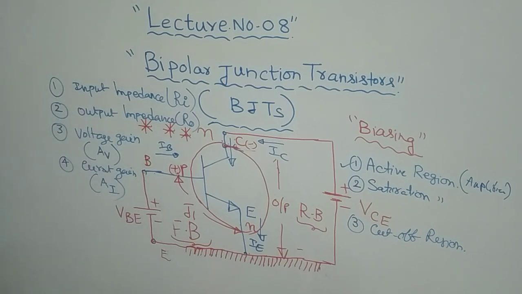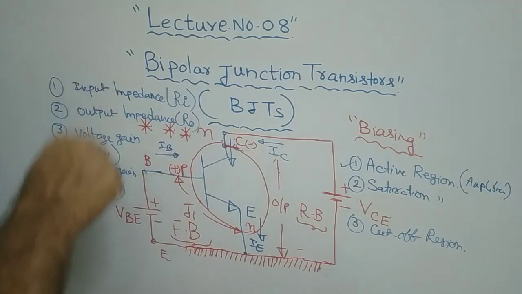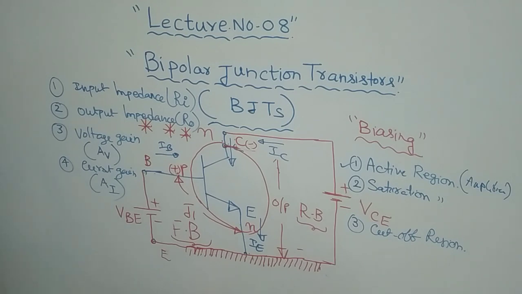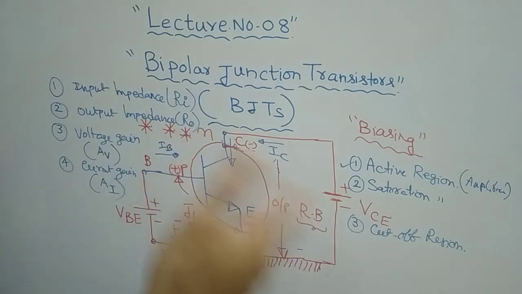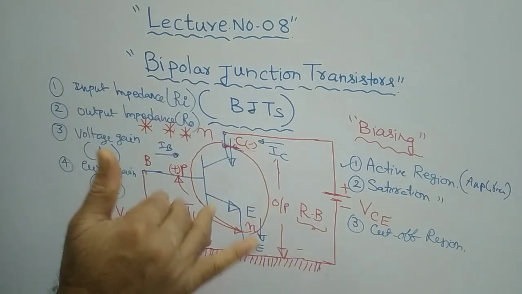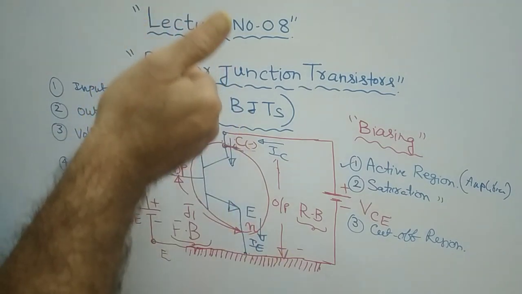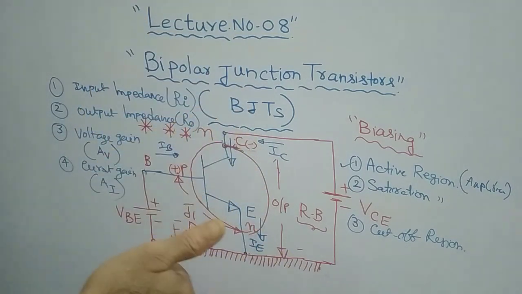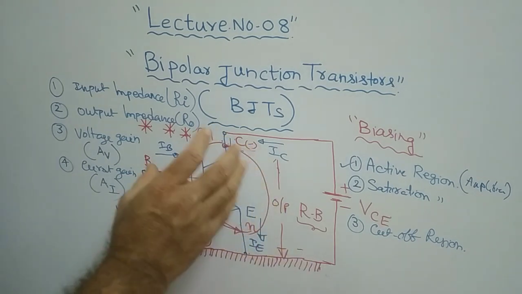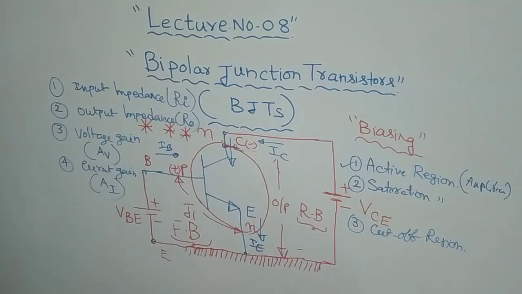We focus on these four parameters while selecting a transistor as an amplifier: how is its input impedance, output impedance, voltage gain, and current gain? These four parameters must be reasonable, with very good values.